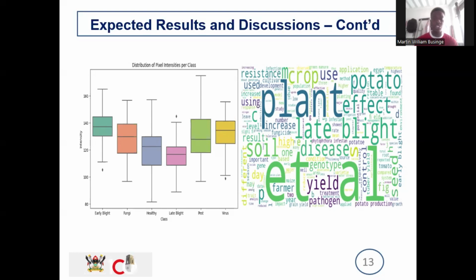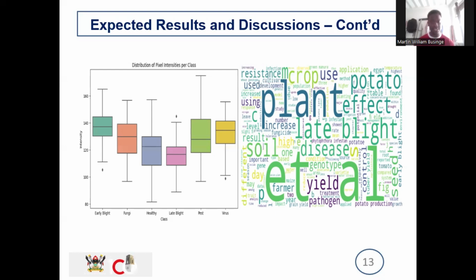So each box is showing the interquartile range, that is the middle 50% of the pixel values. And the line inside the box of each value is the median value. So as you can see here, early blight, which is the first one towards the left, has relatively high median brightness.